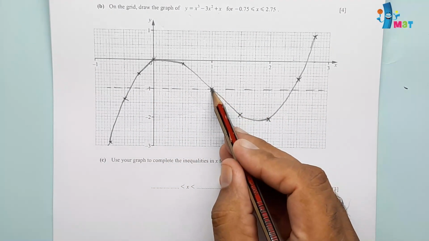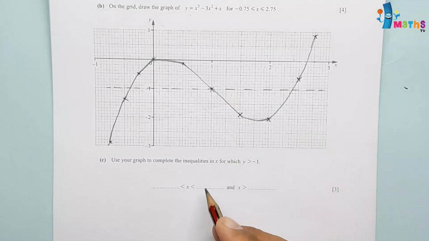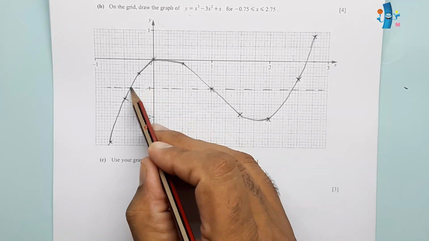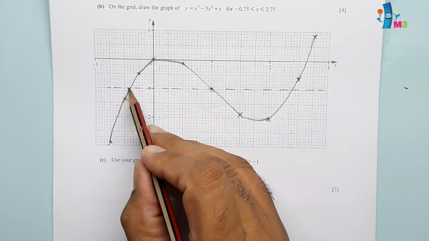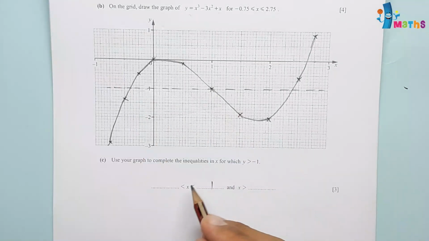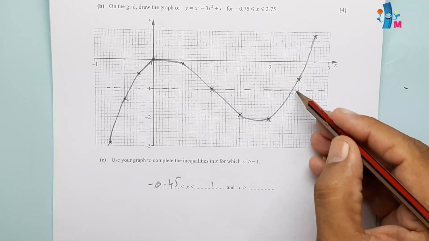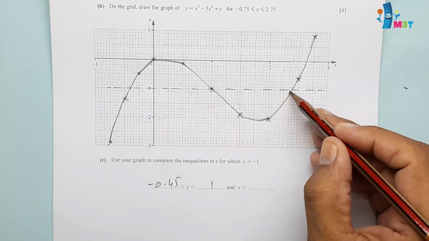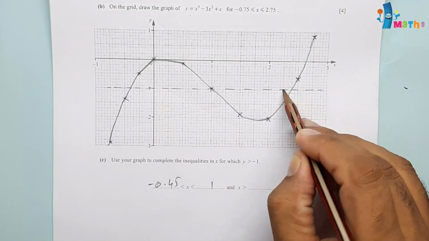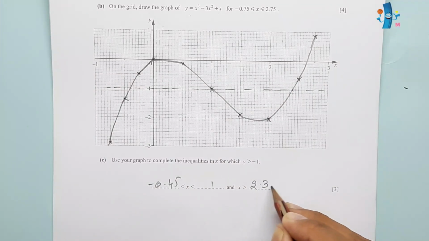This will be 1, and this is 0.5, so this is 0.45, which is on the minus side, and this is 2.25, and this is 2.35, so you can write here 2.35.